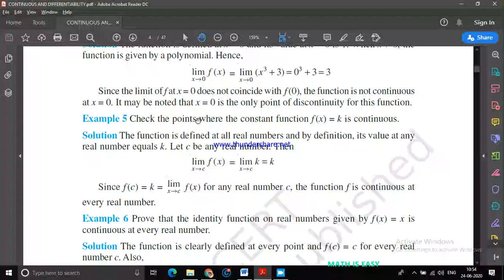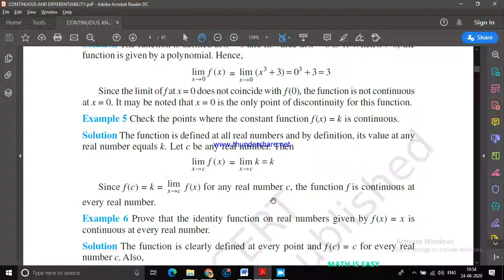Okay. Now check the point where the constant function f of x equals k is continuous. Yes, because it is a constant. Any point you take, continuous at 0, or continuous at 1, continuous at 2, any point you take. For example, if I want to check continuity at 2, f of 2 is going to be k only.